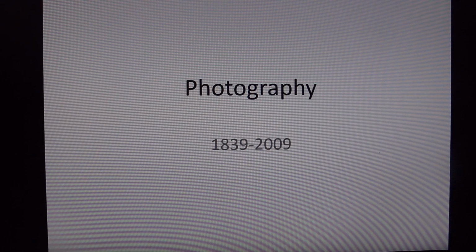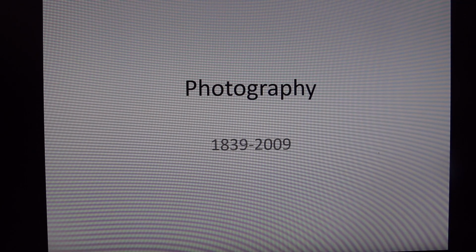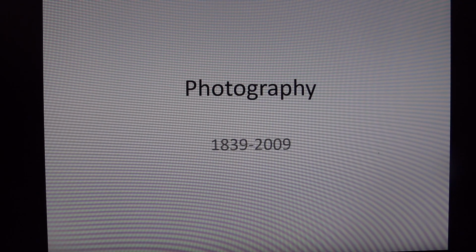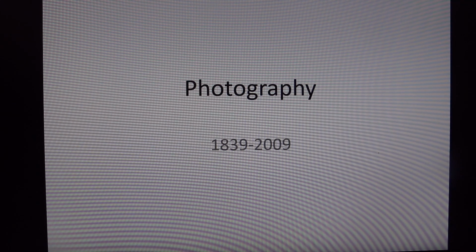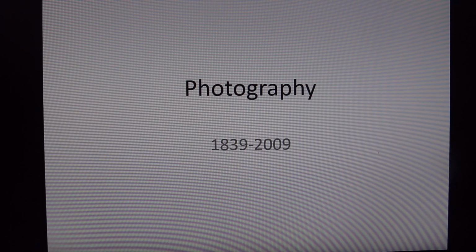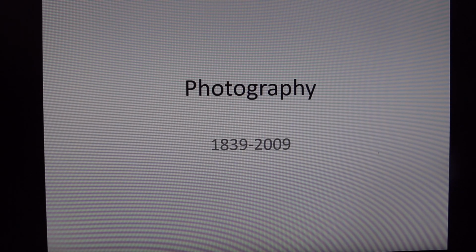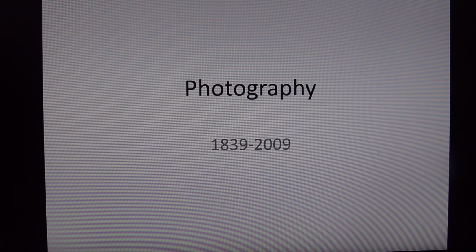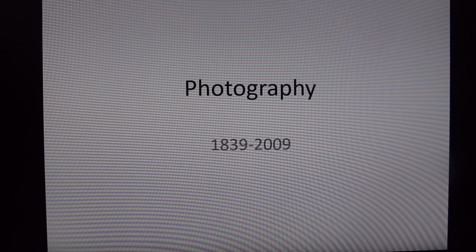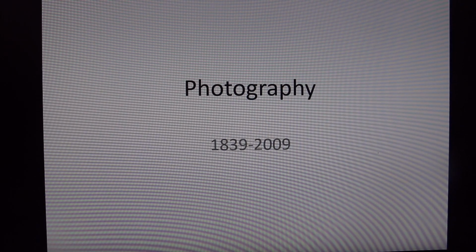Photography, the word itself, photo means light and graph means writing, was really a concept that had been around for much longer than people believe. People like Leonardo da Vinci were interested in early experimentations with ideas of getting images to be projected onto things, and we'll talk about that.